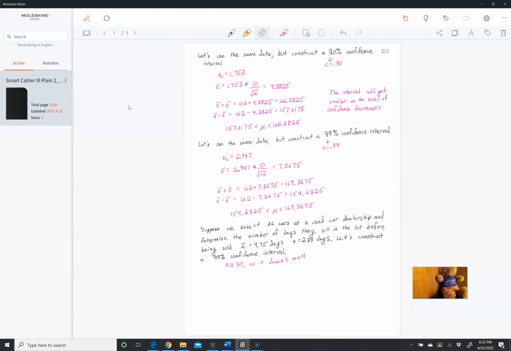Once again, if this is not true, if N is less than 30 and it's not normally distributed, then you stop. You cannot do anything. The reason why it's okay if N is greater than or equal to 30 is because as N gets larger and larger, it's closer and closer to a normal distribution.